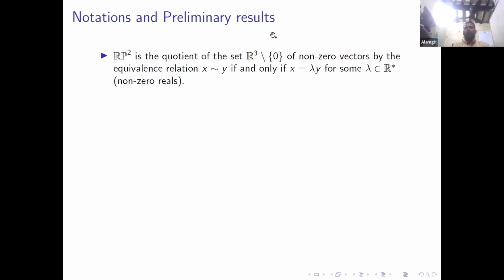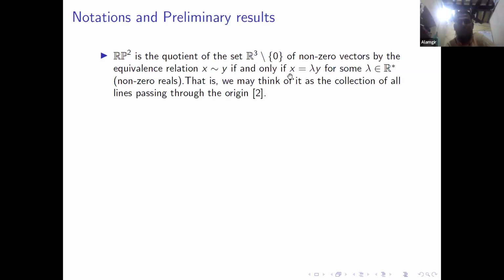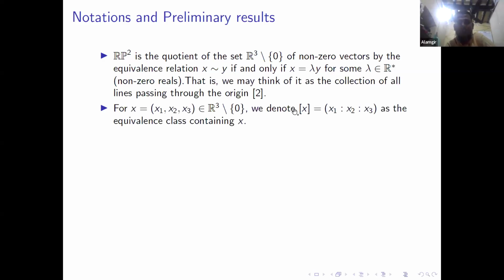Okay. So this is a continuation of our previous work that Professor Nasim Akhtar has already presented. Here I just recall that RP2 is the collection of all lines passing through the origin, and the class element of this space is denoted like this.